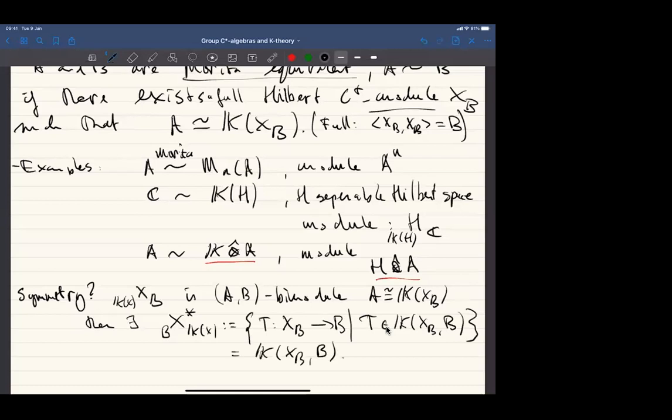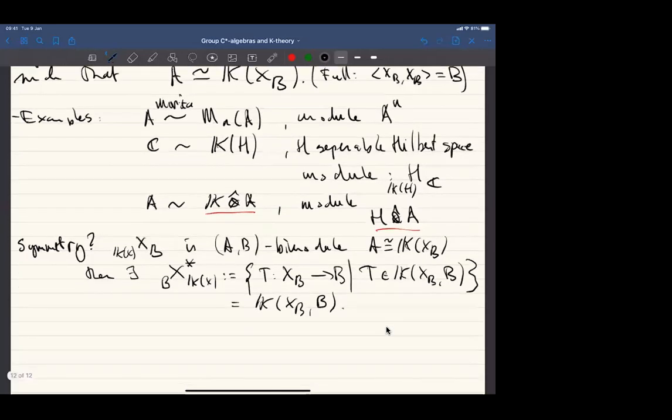So there is a dual module, and I will not go through the definition, but we saw that the space of compact operators between two Hilbert modules is always defined. And it turns out that this dual module has some nice properties with respect to the tensor product of Hilbert modules, which I also haven't defined.